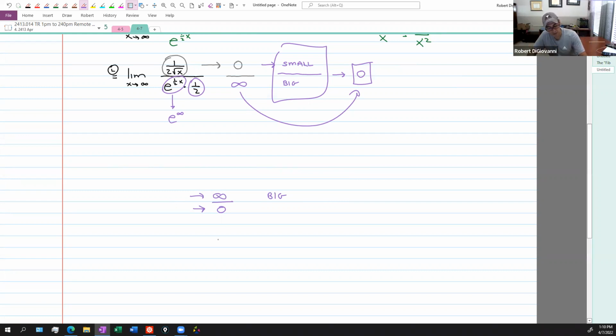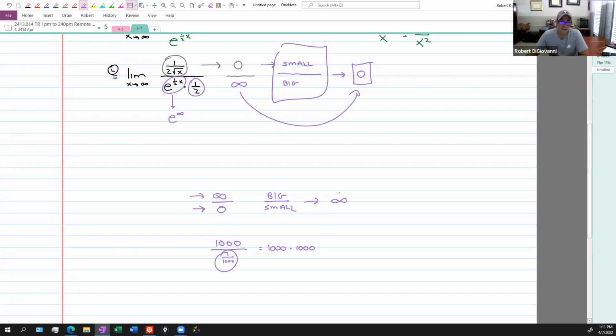If that doesn't make sense to you, just take the number like 1,000 and divide it by 1 over 1,000. 1,000 divided by 1 over 1,000, that's the same as doing 1,000 times the reciprocal of that, which is 1,000. 1,000 times 1,000 is even bigger than it was to begin with. So this is big over small, that goes to infinity.